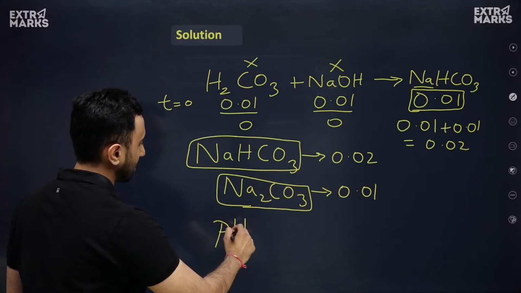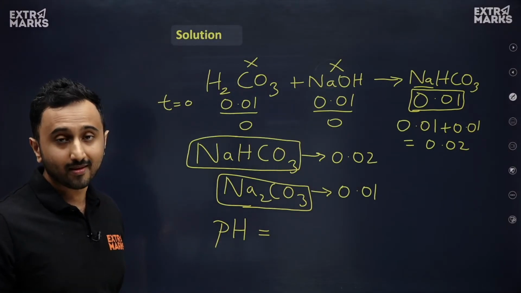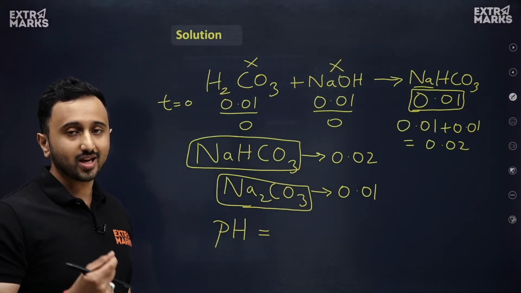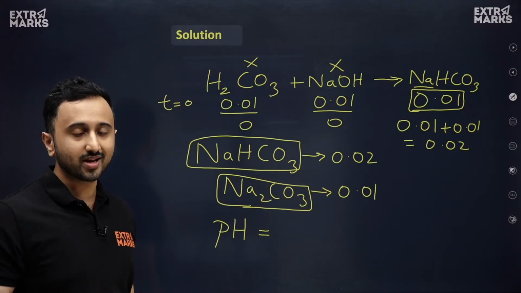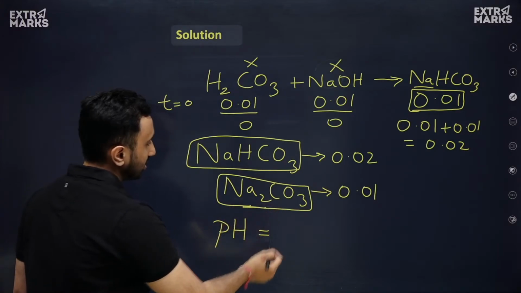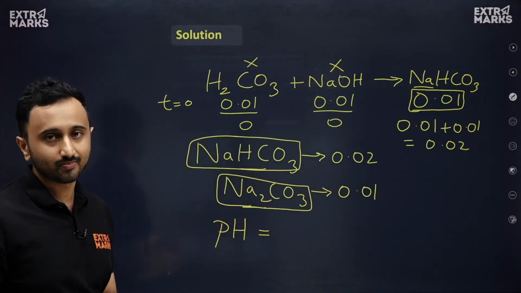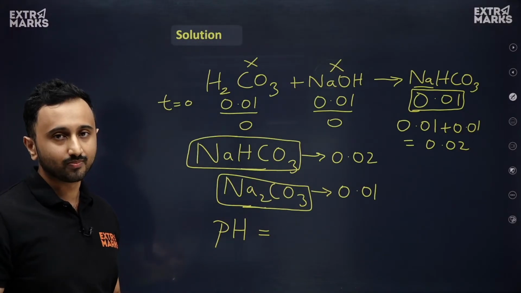We can simply apply this formula. pH will be equal to pKa. But which one, pK1 or pK2? Here you can see we have Na2CO3 and NaHCO3, that means HCO3 minus and CO3 minus 2.